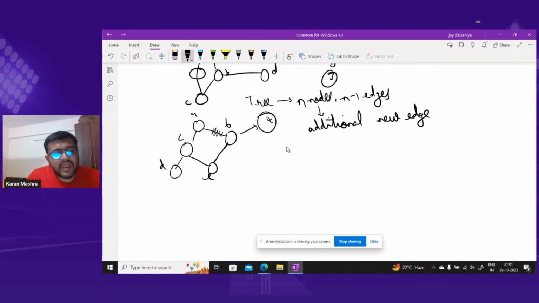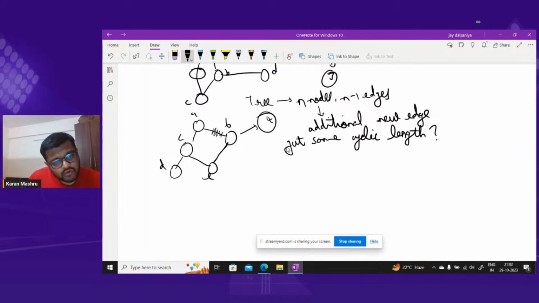Now I need to add one more edge between any two nodes, but that should not be between A and B. I mean, I cannot remove and add the same edge. And I need to tell, can I get the same cyclic length? That is, can I get the same cycle of length 4? That is what they have asked. So if I look at this graph, I have removed the edge between A and B. If I add a new edge between A and E, or let's say I need the length to be 4, right?